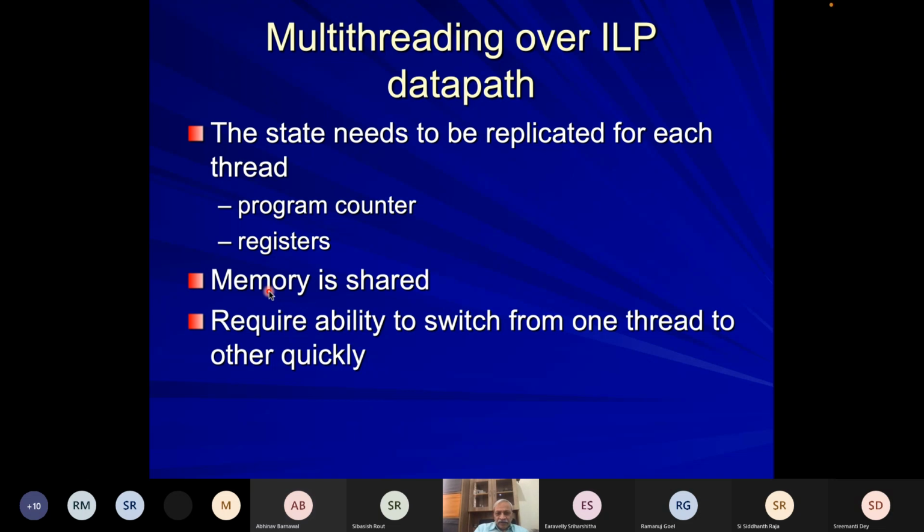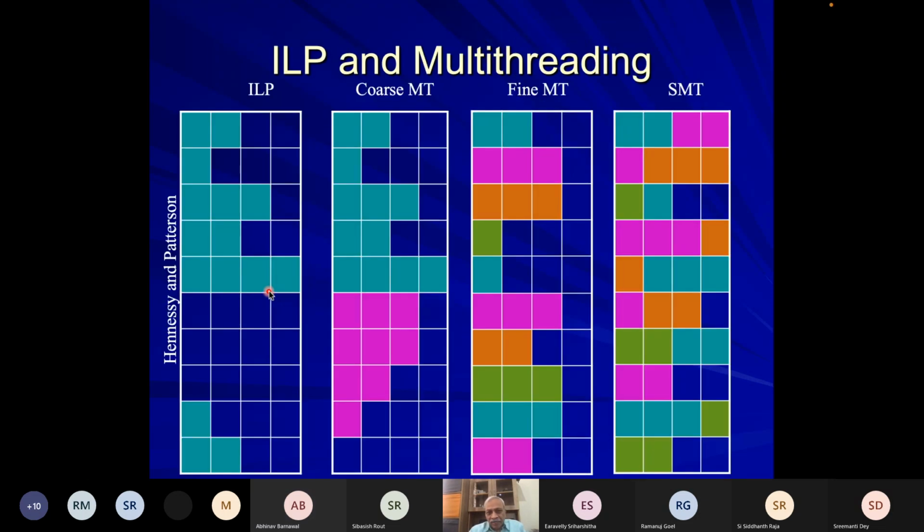So let me first illustrate the basic operation here. Just for illustration purposes, we are taking hardware which has 4 execution units. Look at the first diagram, and the 4 columns correspond to 4 execution units.